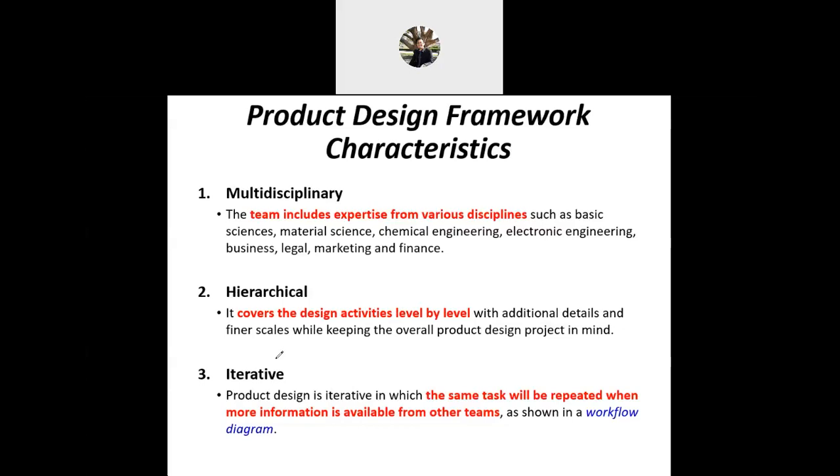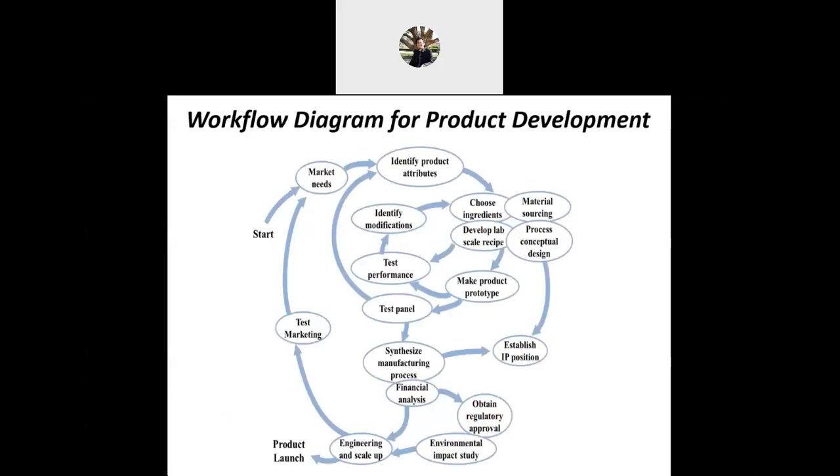Actually we can summarize this by using the workflow diagram. Look at here, this is the workflow diagram, which we can use to summarize why it's an iterative process. If you look at here, we start with the market study, or identification of the market needs.